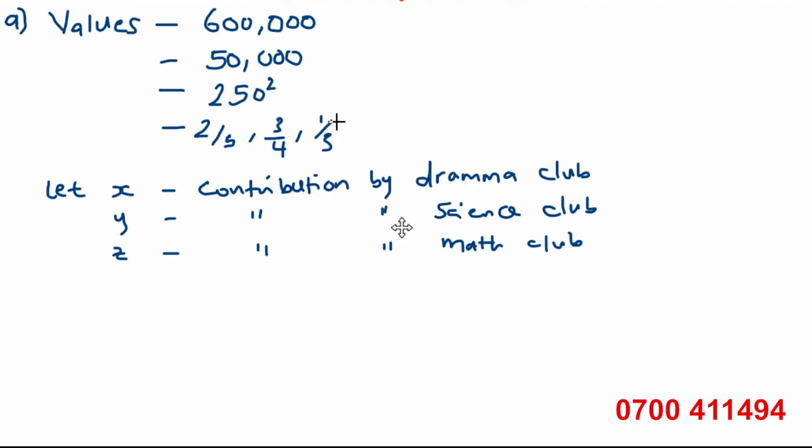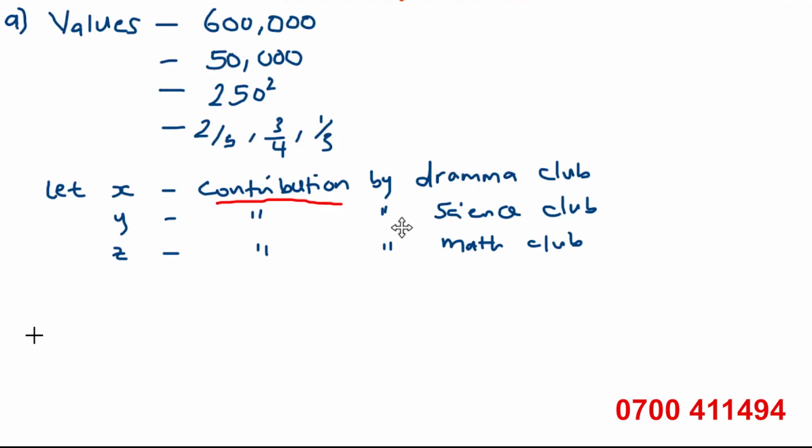Then that will help us to get the contribution of the teachers. So we have to define this properly. What are we finding? The contribution. And that's what we let X be about: the contribution by the different clubs.